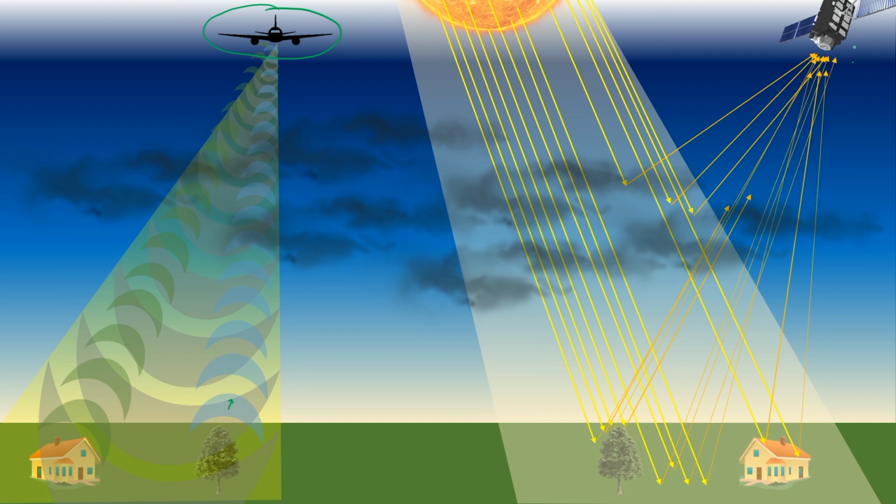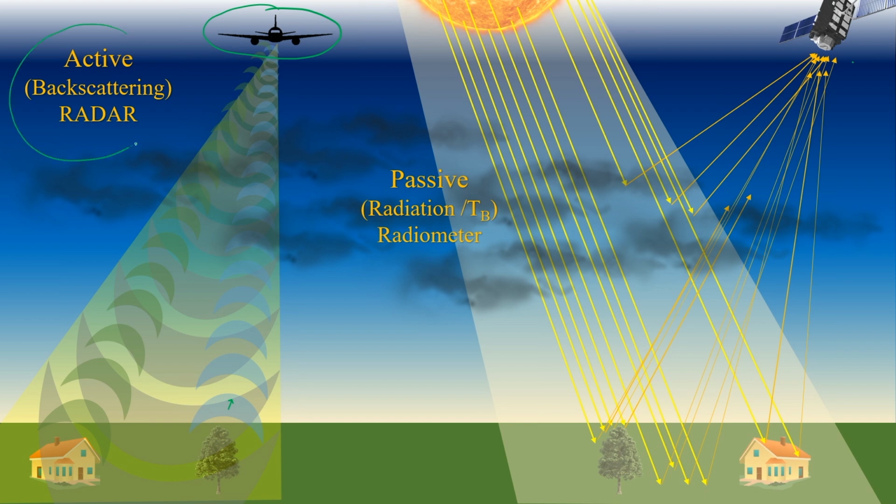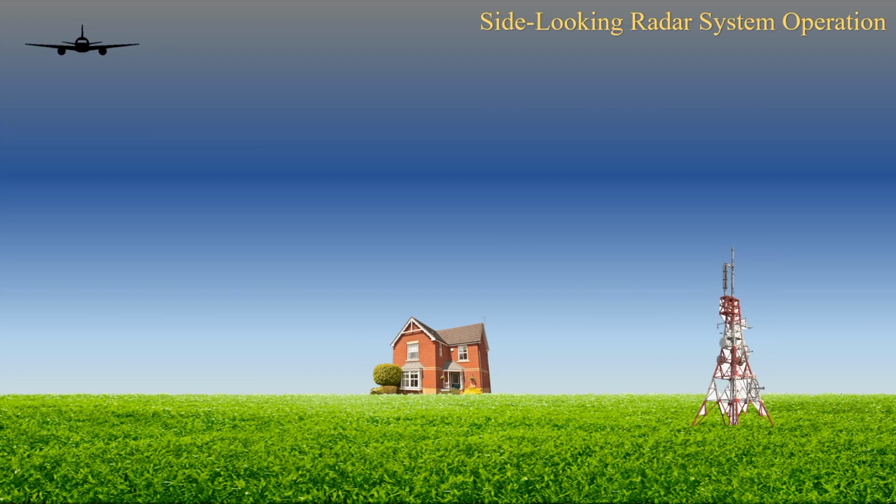This is the example of active radar, and this is for the passive radiometer. So, we have working sensors in both domains, active as well as passive microwave remote sensing.